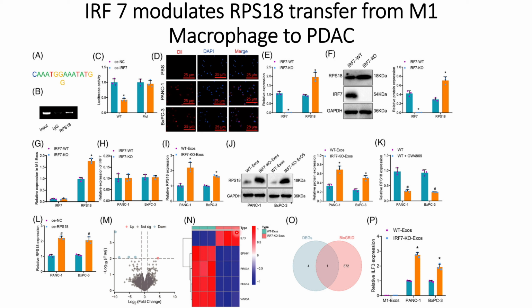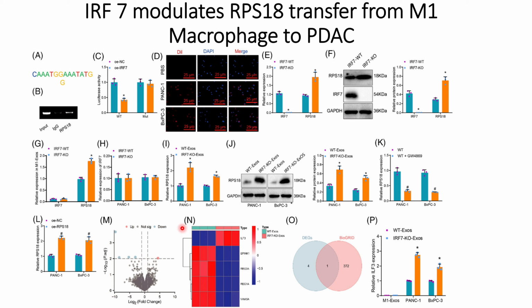However, for the other genes, it's the reverse. Other genes are downregulated. So let me repeat it. ILF3 is upregulated in the case of IRF7 knockout, and the other 4 genes are downregulated.